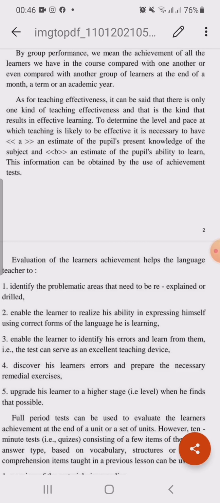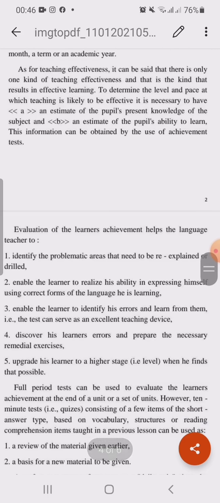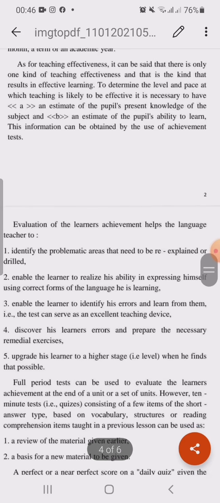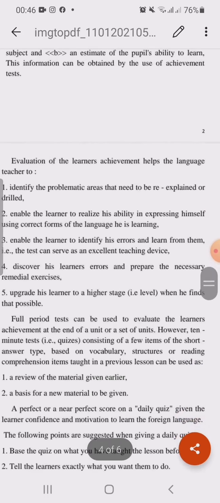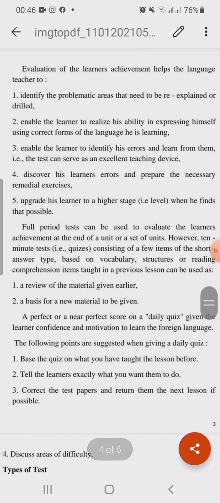This information can be obtained by the use of achievement tests، يعني هذه المعلومة يمكن الحصول عليها من خلال اختبار التحصيل.